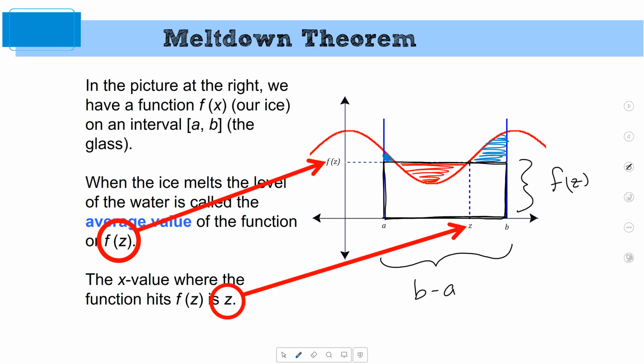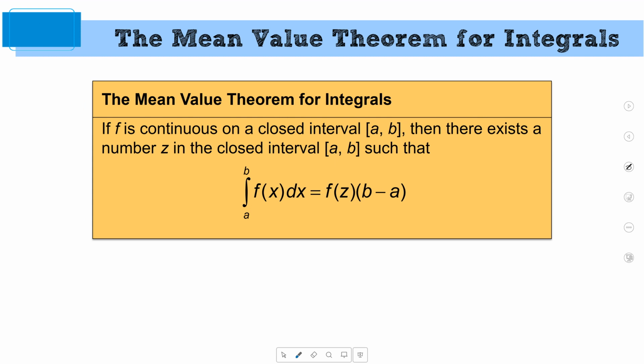If I took the two blue puzzle pieces, they should fit into the space where the red puzzle pieces are. So those two things should be the same. Which leads us to this puppy. Boom! Left side, area under the curve. Right side, area of rectangle. But since f of z is the average value, those two quantities should be the same.